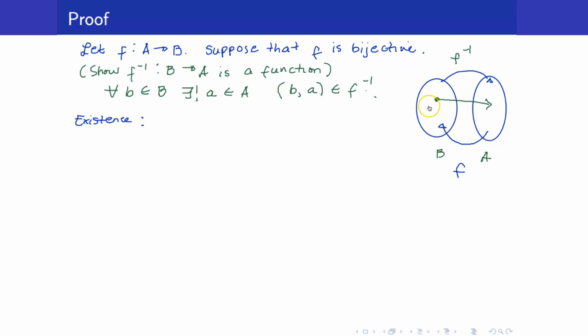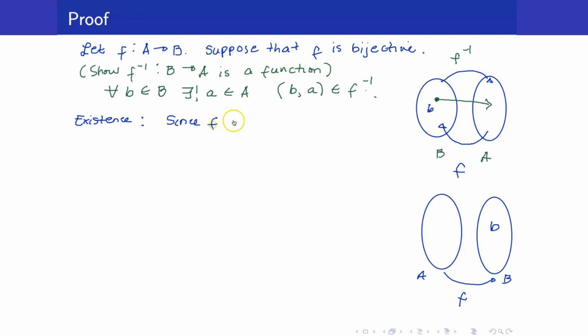So when you get an element here in B, okay, let me just draw it in this way. This is just the same. I know that you are more comfortable when we draw f like this from A to B. So here we have a b here, right? But f is surjective because it is bijective.